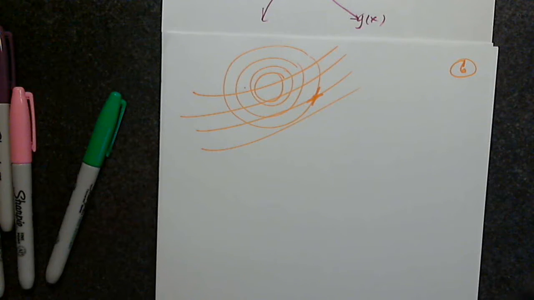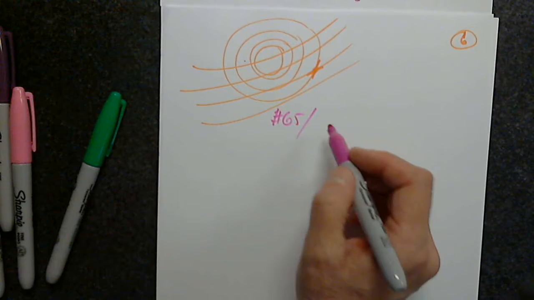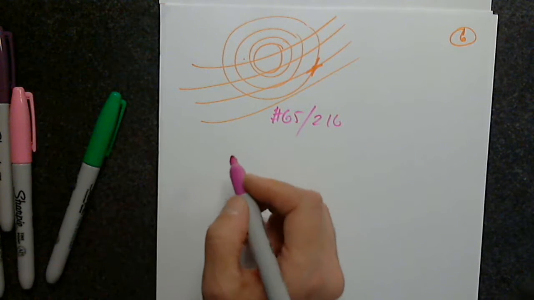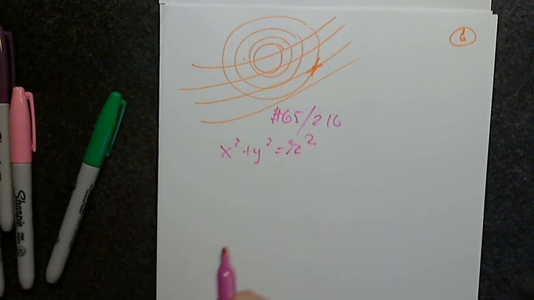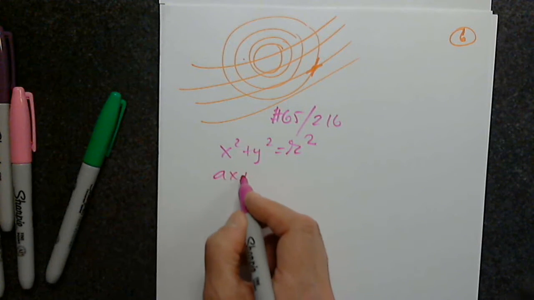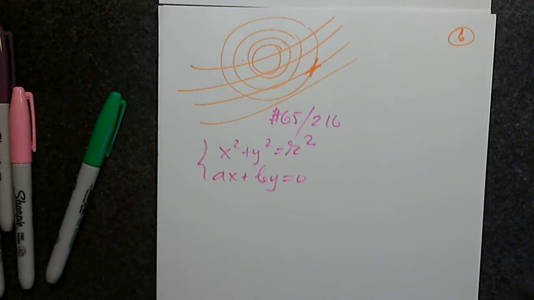Let's say problem 65 on page 216, in which we are given x squared plus y squared equals r squared, and ax plus by equals 0. Let's read the question together.